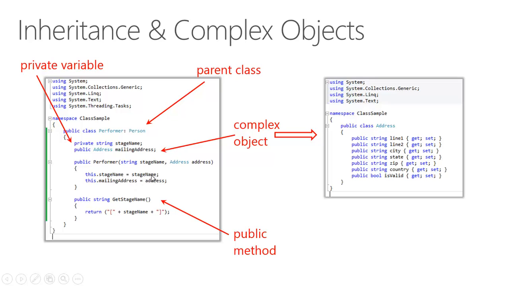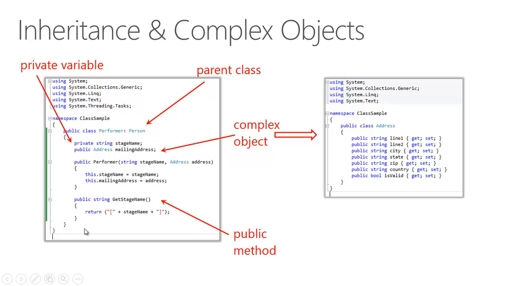Stagename on the right talks about the local variable that's being passed in through this method. So the performer constructor here takes in stage name, and that value is being used to initialize this object's stage name. Address is the same way. We're passing in an address as a parameter for the constructor, and we can initialize the mailing address.